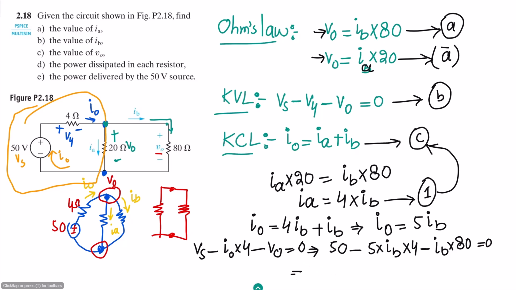Let me simplify it, taking it to the other side, so it will be 50 is equal to 20 IB plus 80 IB. From it we can clearly see that the value of IB will be equal to 50 divided by 100, which is 0.5 amperes.